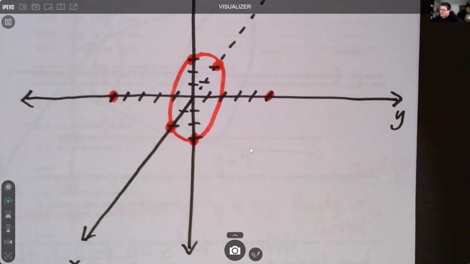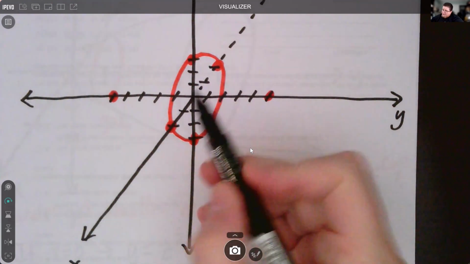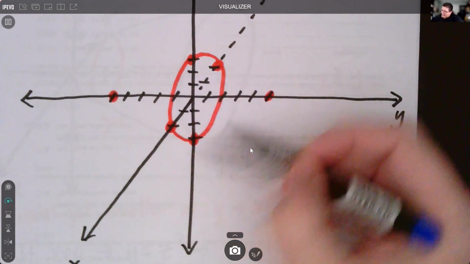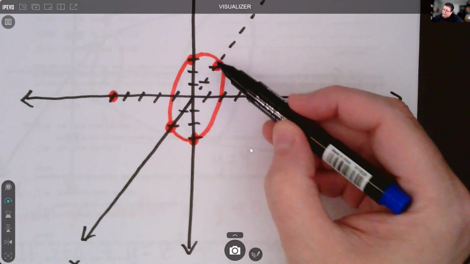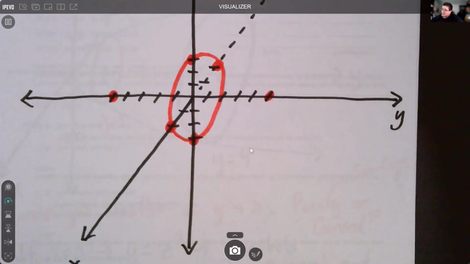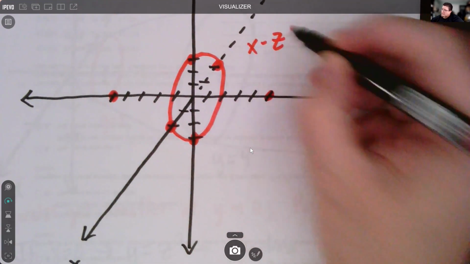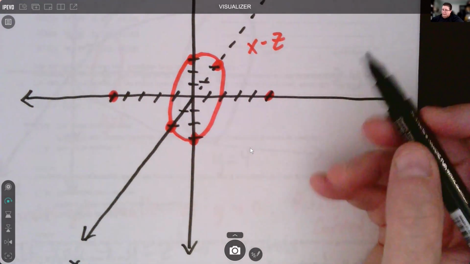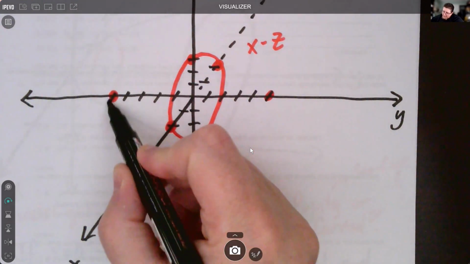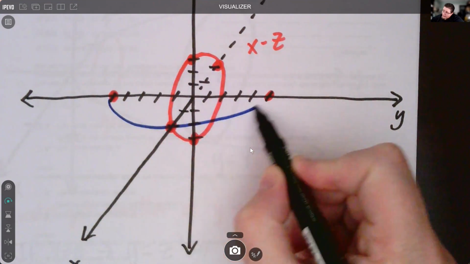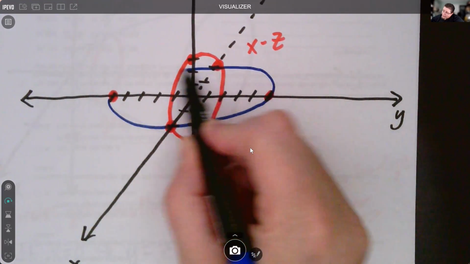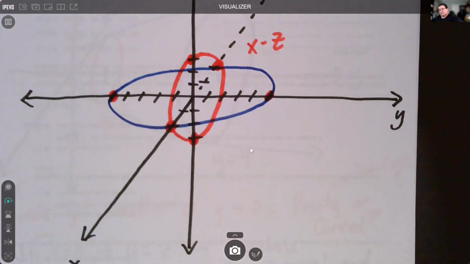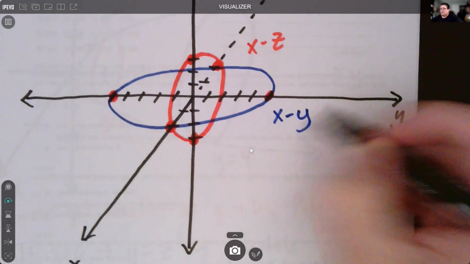Maybe I'll use different colors. That's the y equals 0 or xz plane that I just drew. So let me label that xz. If I do the z equals 0 or xy plane, the xy plane connects these two and is looping around like that. And that's my xy plane.